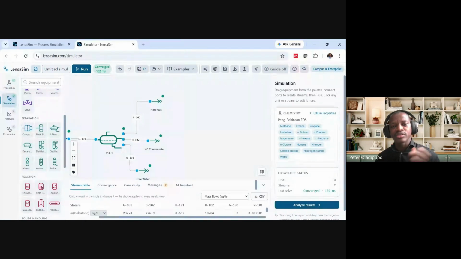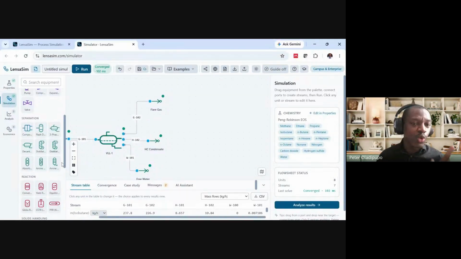They contact each other, and the absorbent removes CO2 and H2S in stages from the flare gas. The absorbent typically used for this process is MDEA, methyl diethanolamine. So that is the compound used for this amine sweetening unit.